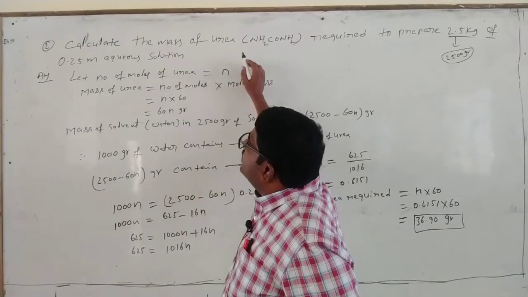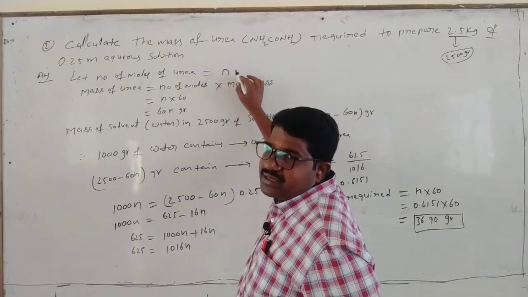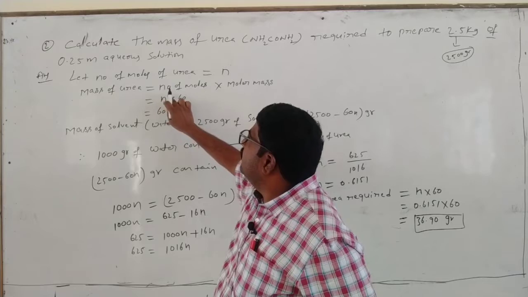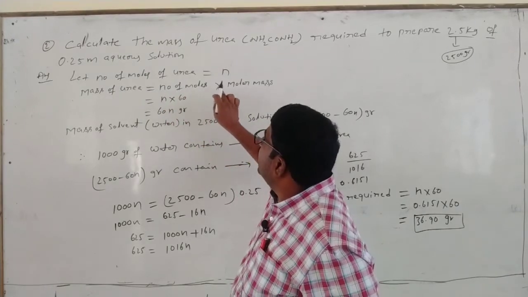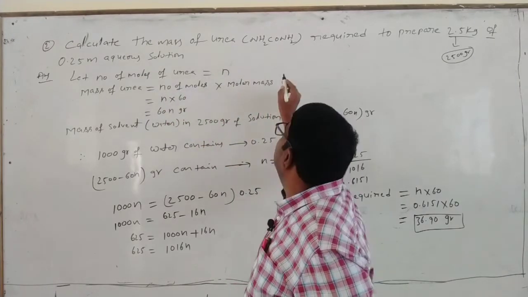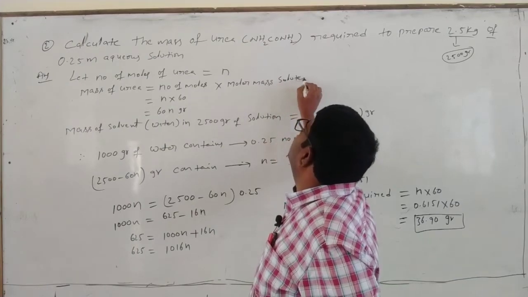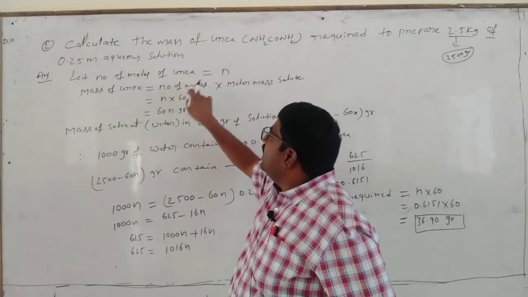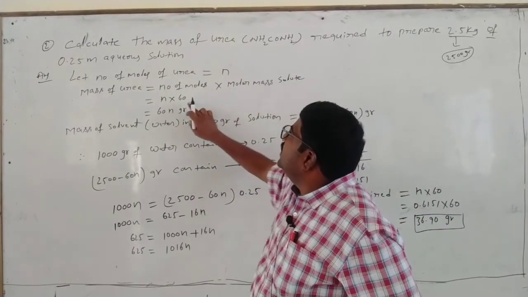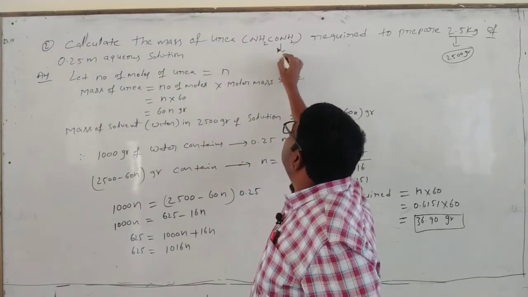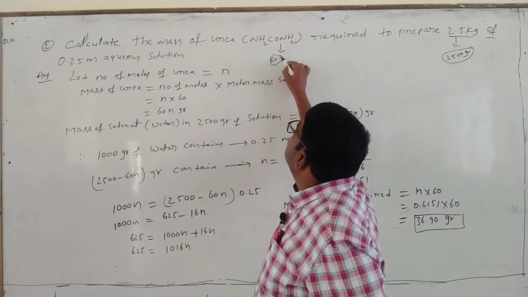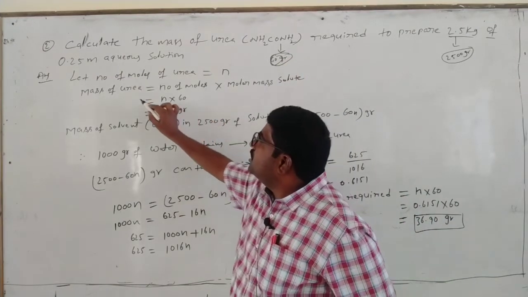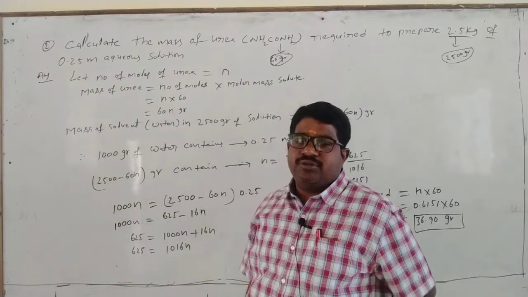So let the number of moles of urea be n. Mass of the urea is equal to number of moles into molar mass of solute. Here the solute is urea. Number of moles is n. Molar mass of solute is equal to 60, so the urea weight is 60 grams. Now that is 60 n grams. Mass of urea is 60 n grams.